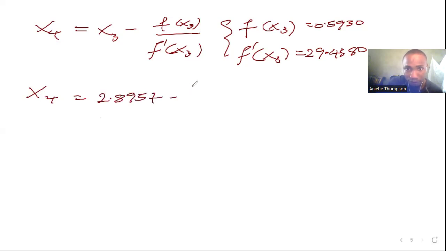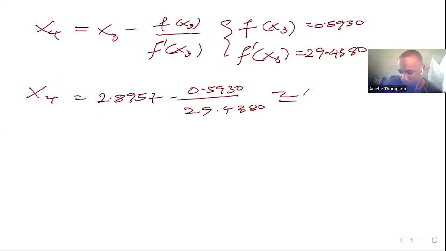If we substitute these values into the iteration formula, we have x4 equal to 2.8957 minus 0.5930 over 29.4380. That approximately gave us x4 equal to 2.8756.